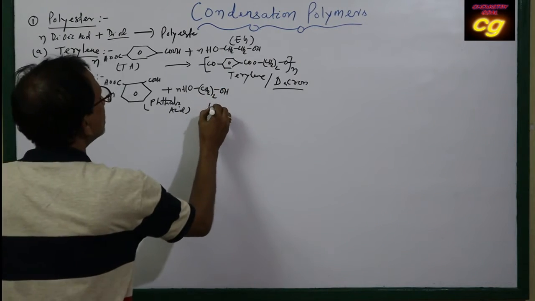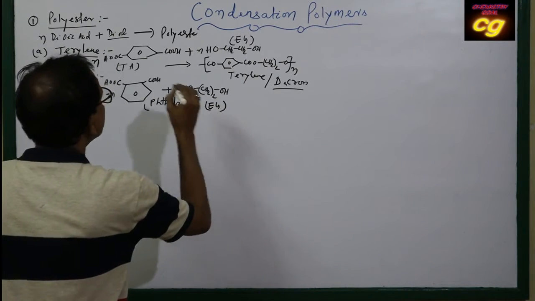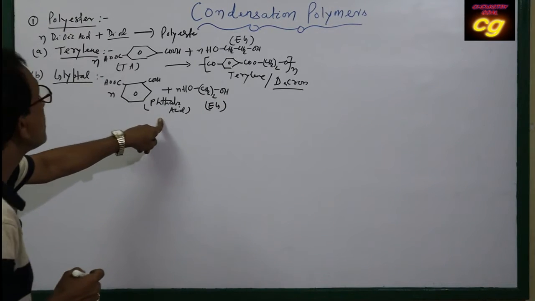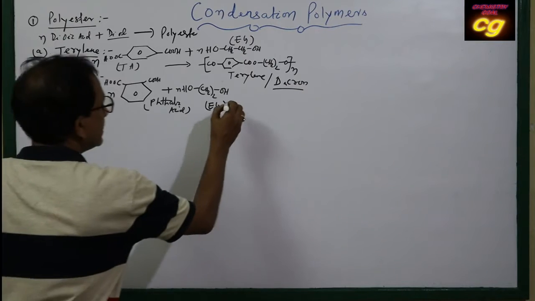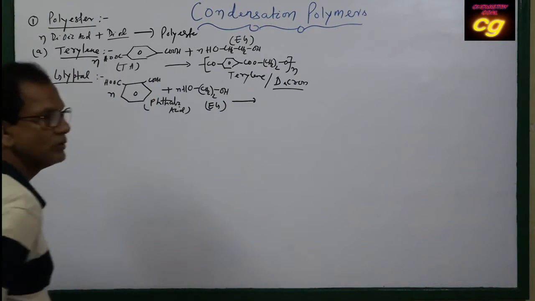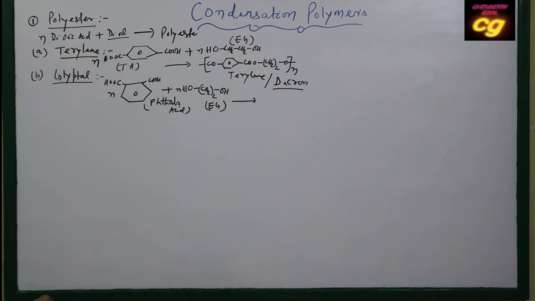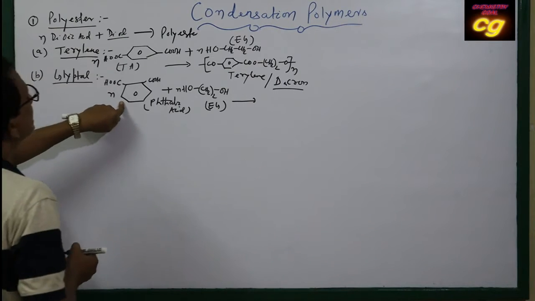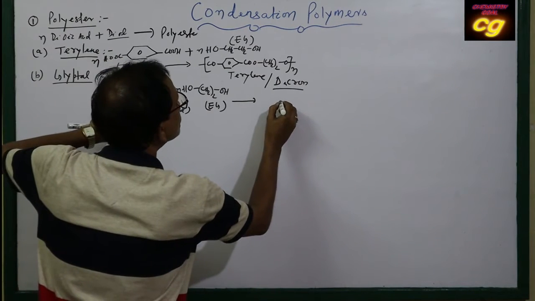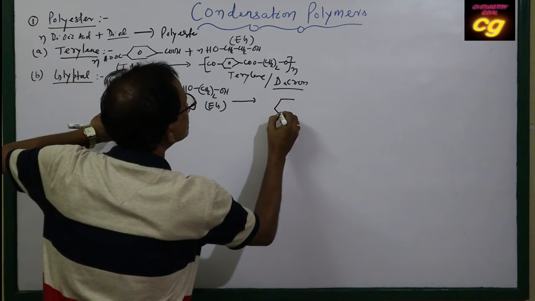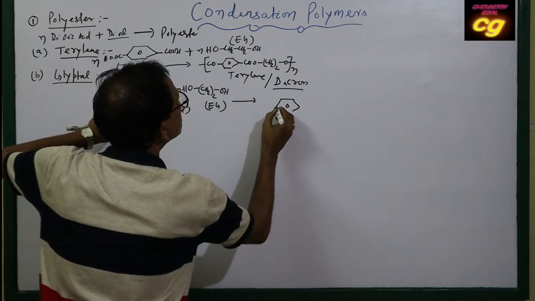Short form I will write EG, ethylene glycol. This is phthalic acid. When they condense, they produce that polyester, whose name is glyptal. The structure is the same, no change. Just observe this one.